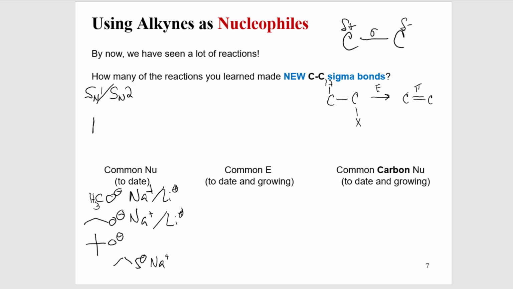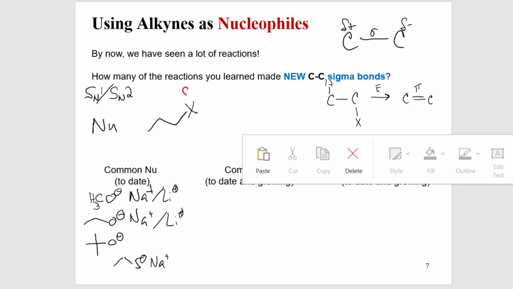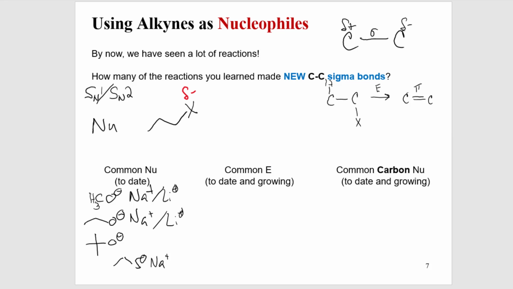We had a nucleophile, albeit an O- or an S- or something like that, but understand that we were attacking very often an alkyl halide, right? The X was partially negative, but you know what? That's what made the carbon partially positive. Aha! I have found a common electrophile where it's carbon that's partially positive.